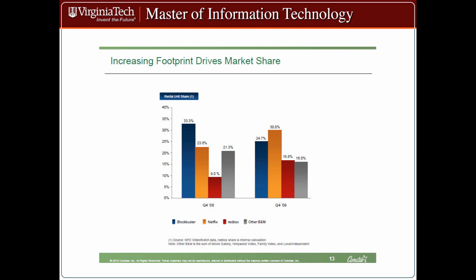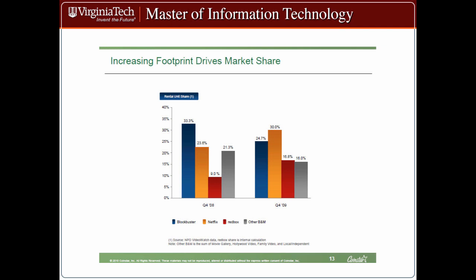So we do see a broader story of disruption where both Blockbuster and these other video rental places decline. And we see 23% to 30%, so it's about 6.4% added market share or rental unit share for Netflix between 2008 and 2009.